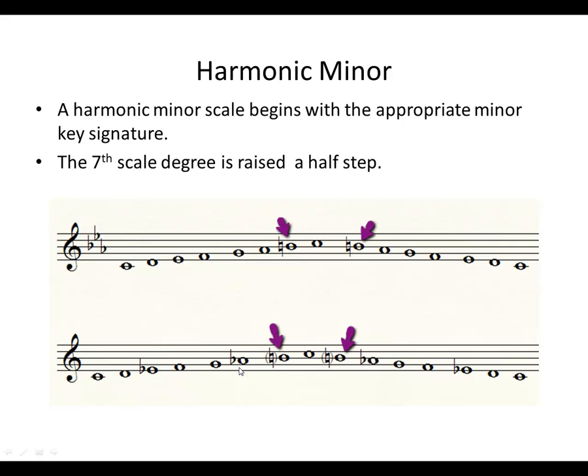You still would be able to tell that it's a harmonic minor scale, because the A flat to the B natural is an augmented second. And so that is the distinguishing characteristic of the harmonic minor scale.